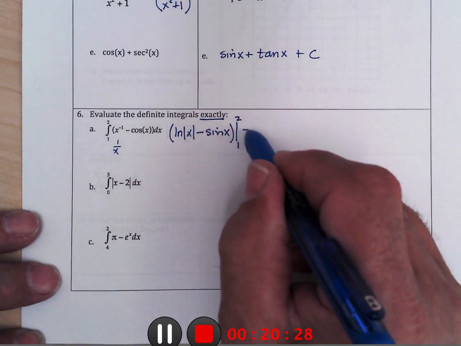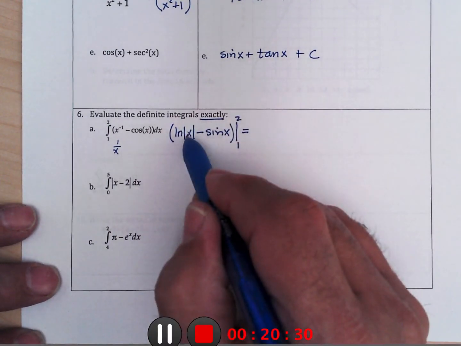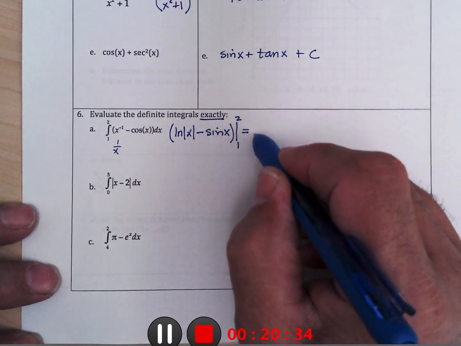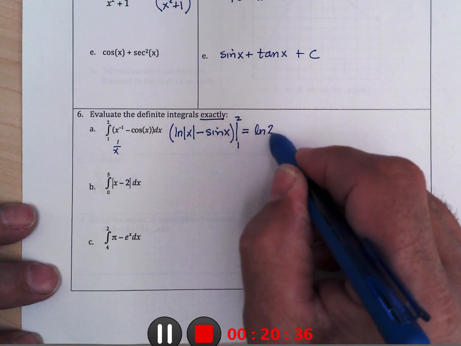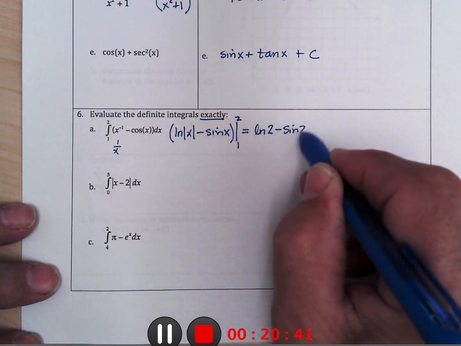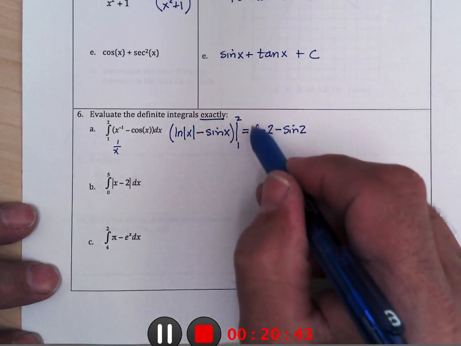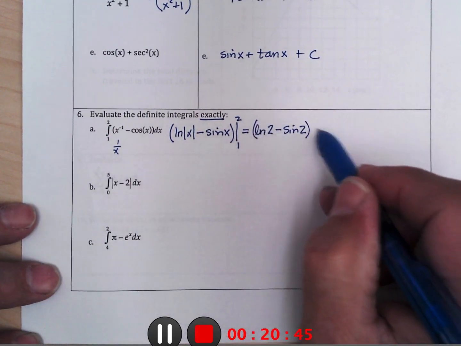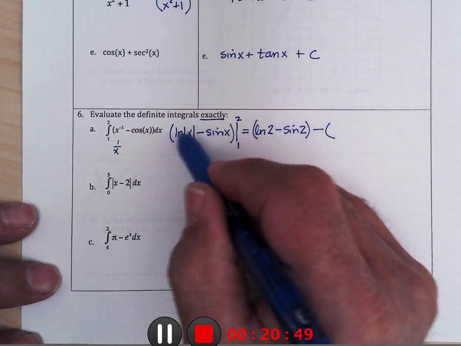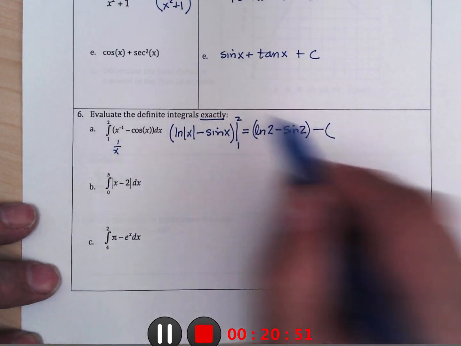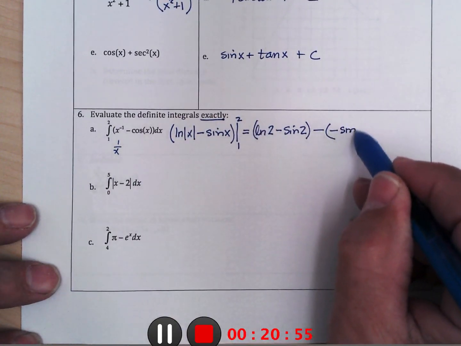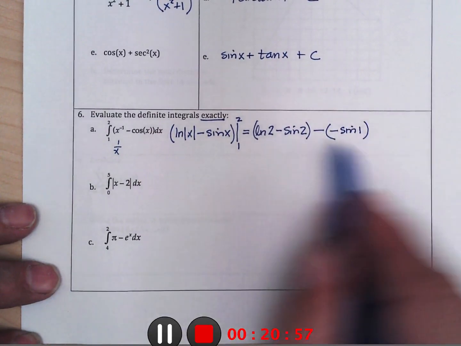So we put 2 in, and the absolute value of 2 is 2, so I can drop the absolute value, so I get ln 2 minus sine of 2, and it had better be in radians in your calculator, if you're going to use your calculator, minus, and then you put in 1, and ln of 1 is 0, so I don't have to have that, minus sine of 1, and that's the exact answer.